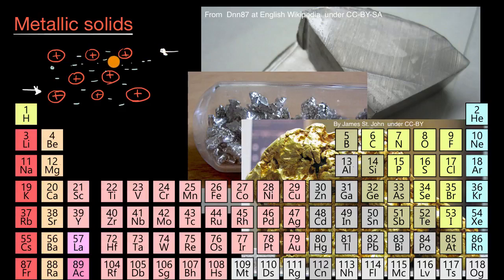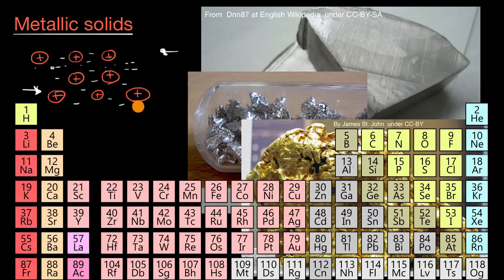Do you think this will be brittle, or do you think it will be malleable? It's easy to bend. Well, if you have a pure metallic solid, it's actually quite malleable. If you just took this top part and pushed it to the left, like this, no big deal. You have those cations that are still in that sea of electrons. And that's generally true of metallic solids. They are very malleable. They are not brittle.